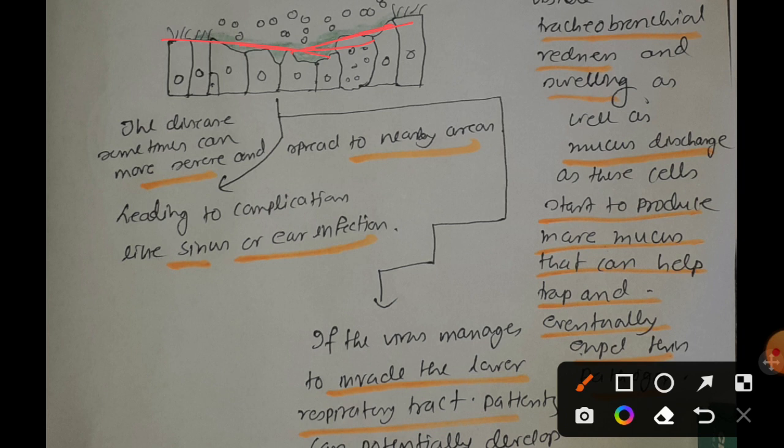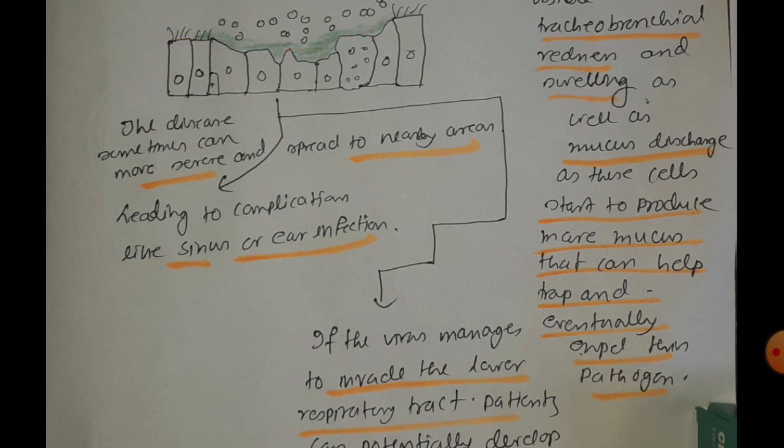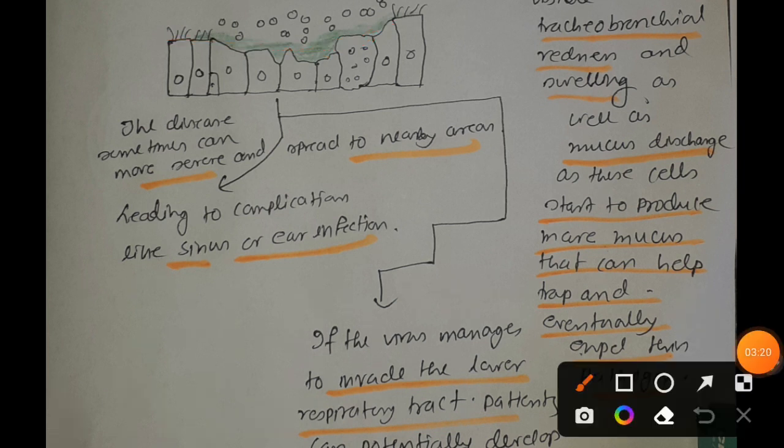Now if the virus can protect itself from these things, it has the ability to spread to nearby areas. If it can reach the ear, it can cause otitis media. If it can reach the sinus, it can cause sinusitis.